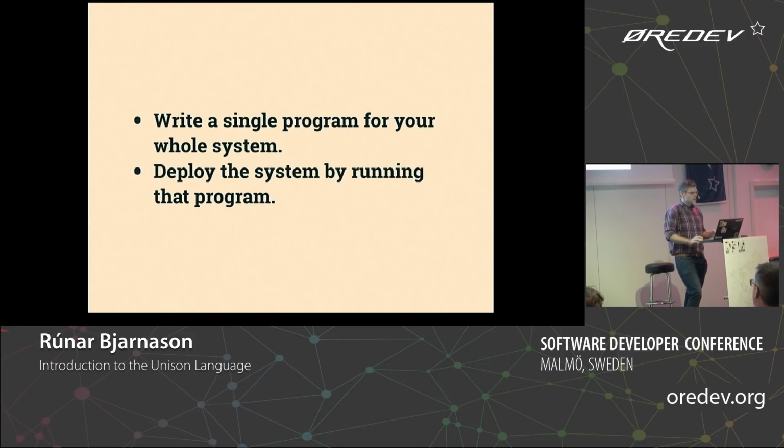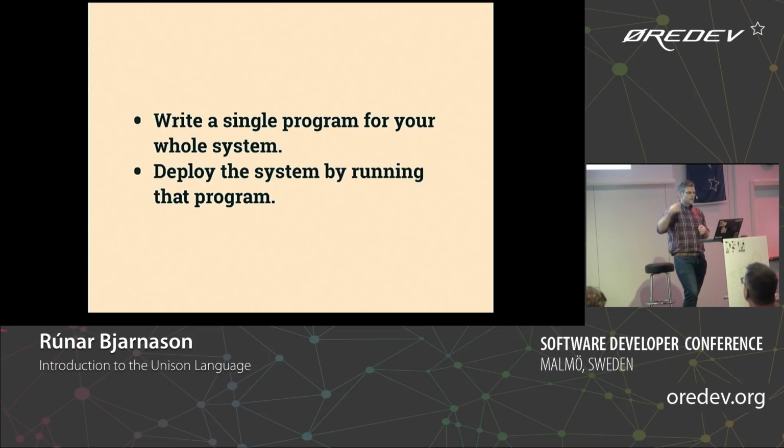So the idea is that you write a single program for your whole system, and then you deploy that system by running the program. Whereas today you might write lots of little microservices that come up with protobufs or JSON for them to talk to each other, and then you write a bunch of YAML files to describe the deployment and the orchestration, and you have managed versions, builds, and configurations and configuration management.